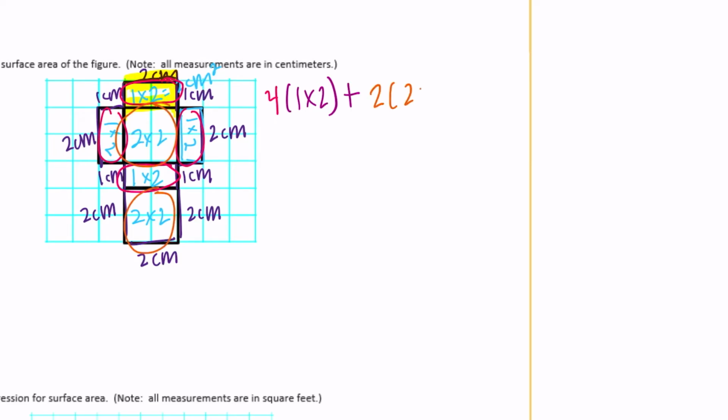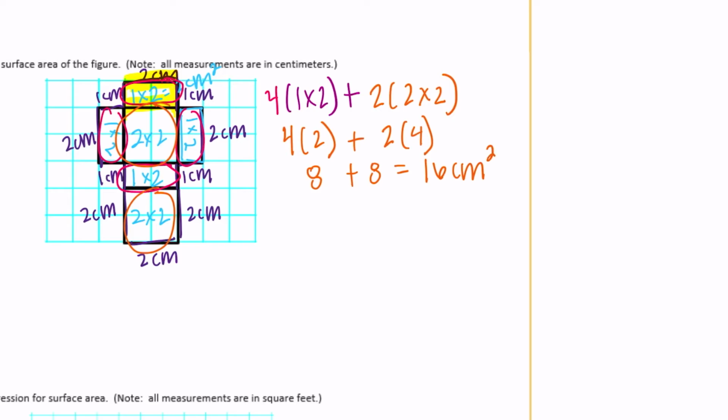That's just going to save me from writing out all of these numbers a bunch of times. So 4 times 1 times 2 is 8, plus 2 times 2 is 4, so plus another 8 will be equal to 16 centimeters squared. So all of those add up to 16 centimeters squared. And so that's the surface area.